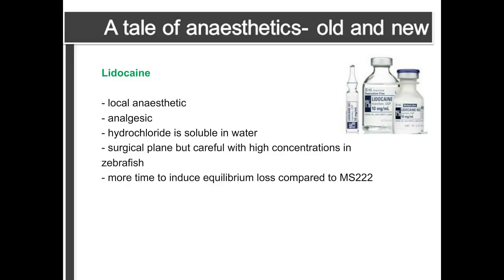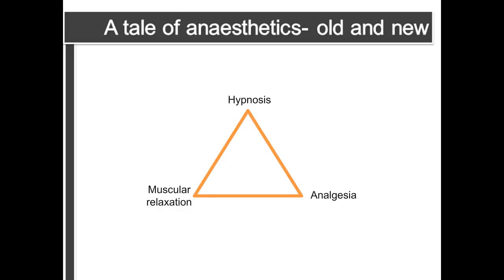And talking about different components, analgesia, hypnosis, I have to talk about the triangle of anesthesia. It's quite famous. This is the simple way to explain it. The main components of anesthesia are muscle relaxation, analgesia, and hypnosis. Hypnosis means loss of consciousness, which in fish is related with the loss of equilibrium.